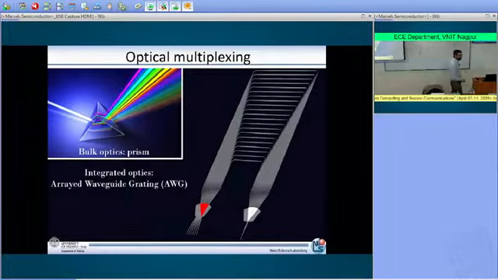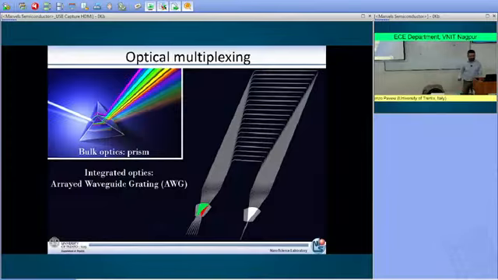But if instead at the input you have a green line, this green line suffers a different phase shift, and therefore the constructive interference condition for the green light is at this other point here. Therefore, by simply using this length difference, you are able to address the light, as a function of its wavelength, to this output port or to this other output port.